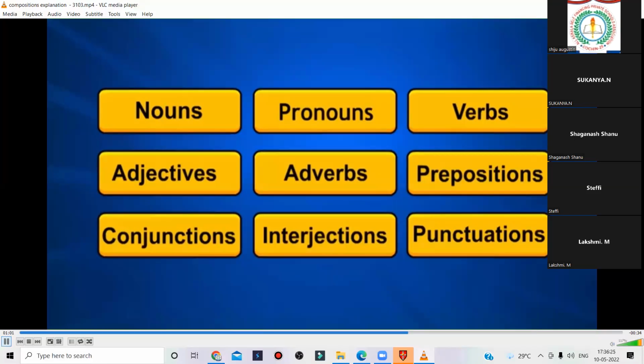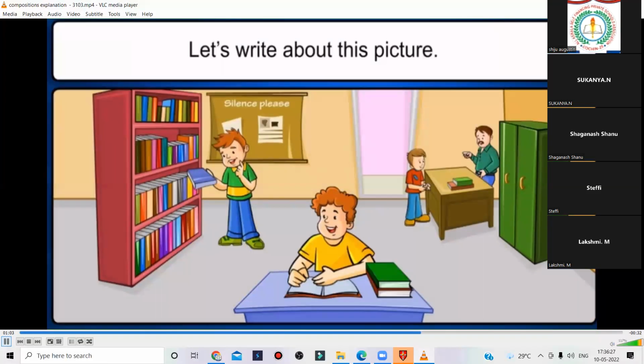Okay, so let us continue watching the video. What is it? Yes, it is a library. Now let's describe the library. Here is an exercise, but I don't compel or direct you to do these exercises right now, but you can practice it.